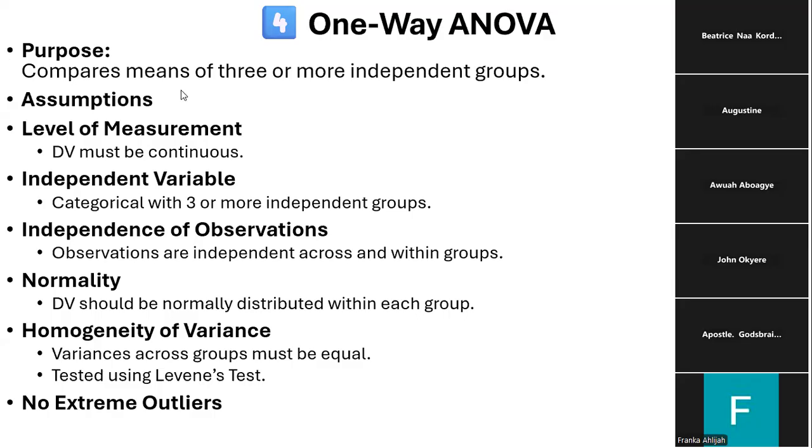Apart from that, all the things that the independent t-test can do, one-way ANOVA can do too, except that here the comparison is done along three or more independent groupings.